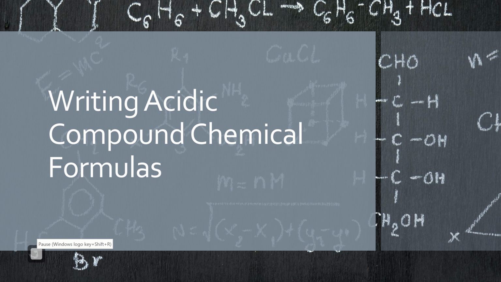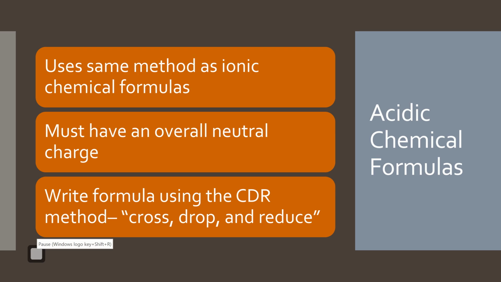How do we write the acidic compound chemical formula? If I give you the two elements, how do we write out the acid formula? It's a continuation of the ionic chemical formulas. We need the overall charge of the compound to be neutral.